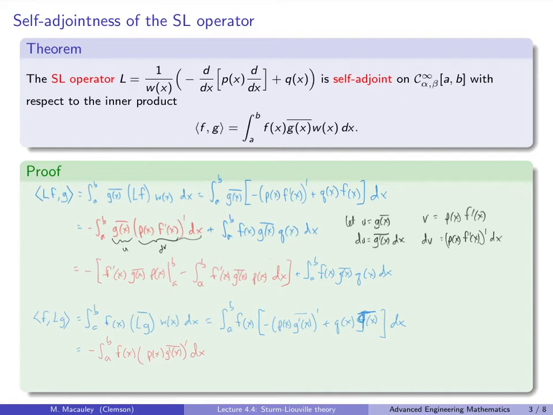So that should look familiar, sort of. It's not quite the same though. But now this last piece is the same. This last piece is f of x, g bar of x, q of x. That's exactly the same thing as f of x, g bar of x, q of x. So this is the integral from a to b, f of x, g of x bar, q of x dx.